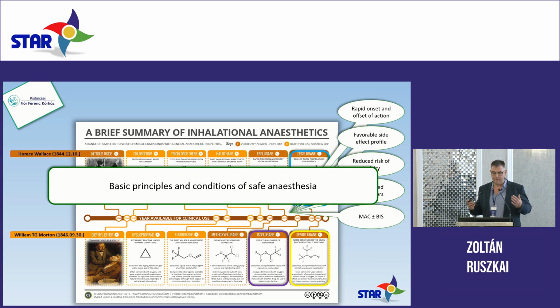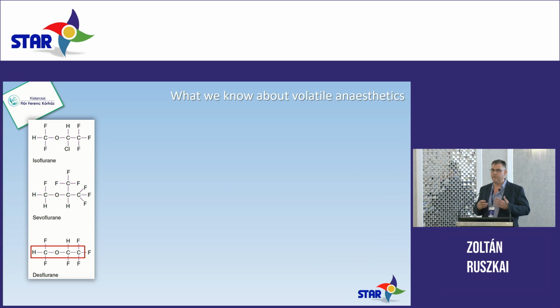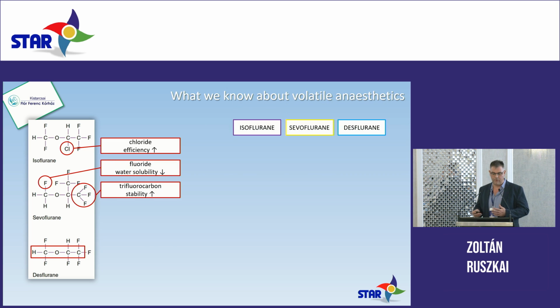So these are the basic principles and conditions of safe anesthesia, and it's important that 75% of general anesthesia is under inhalational anesthesiology technique. These are carbohydrates, as we know, saturated with some halogens, for example chloride, fluoride, and trifluorocarbon groups.